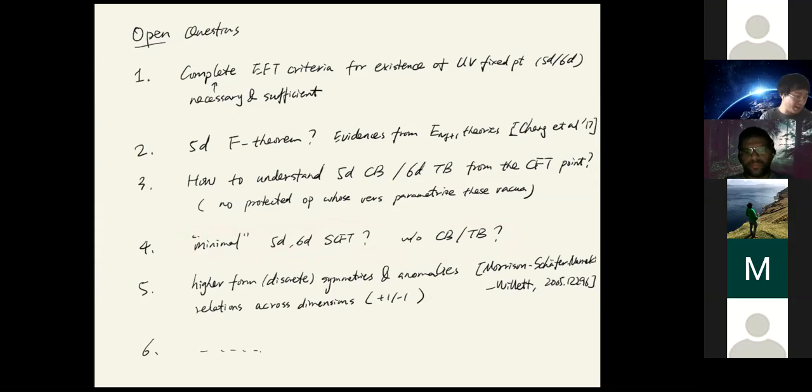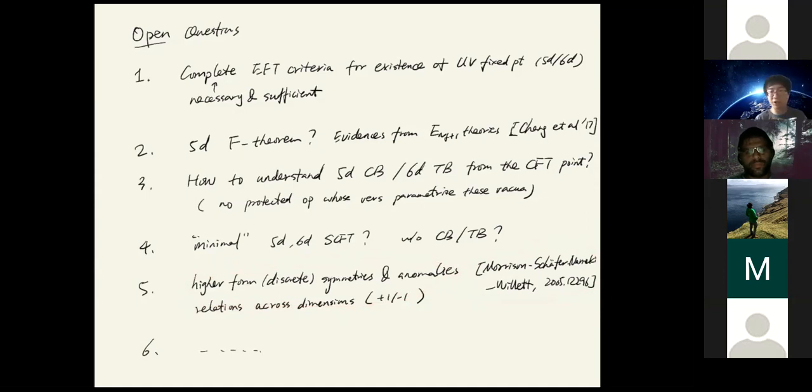Various anomalies of these 6D theories have already been solved by an inflow method, the perturbative anomalies. But it would also be interesting that many of the theories have higher-form, in particular discrete, symmetries, and it would be interesting to study their anomalies. There is some very nice recent work that addresses this in both 5D and 6D.